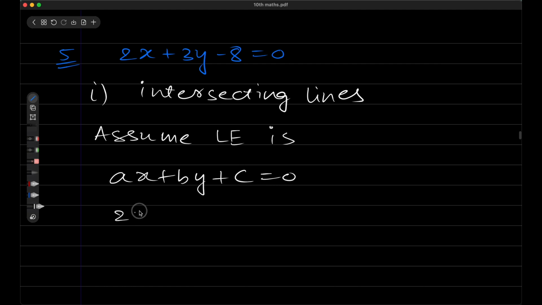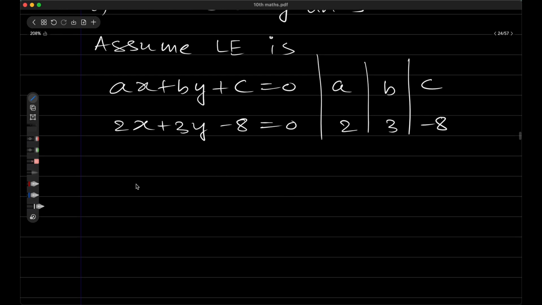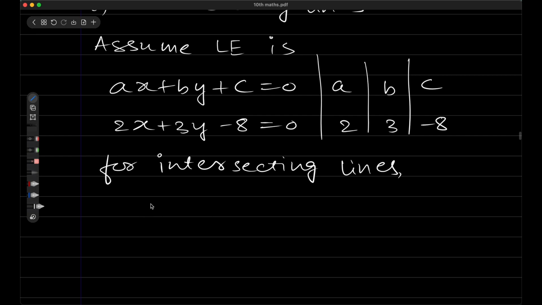Given the equation 2x plus 3y minus 8 equals to 0, the coefficients for the first equation are a1, b1 and c1, that is 2, 3 and minus 8, and for the second equation they are a, b and c. For the intersecting lines, we know the relation between coefficients, that is a1 upon a2 not equals to b1 upon b2.